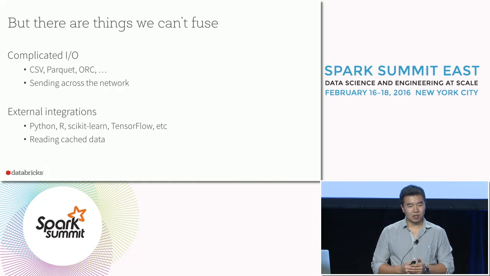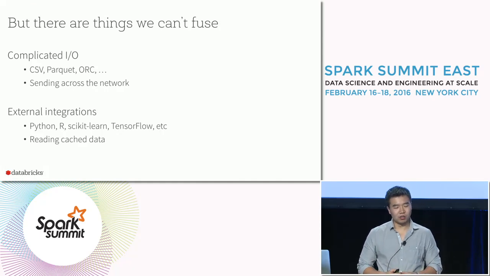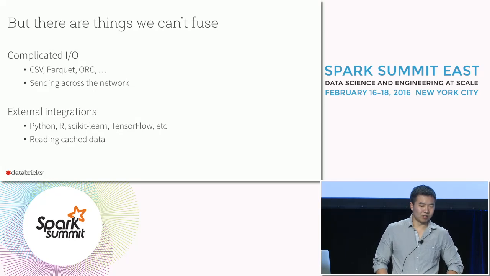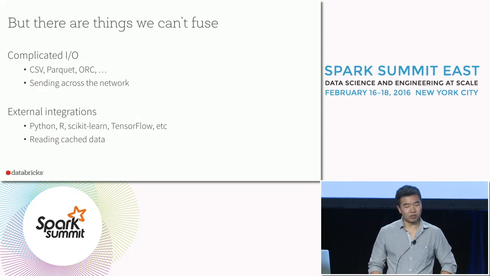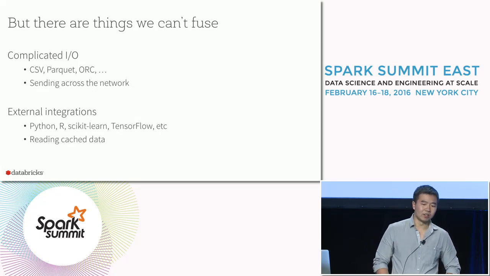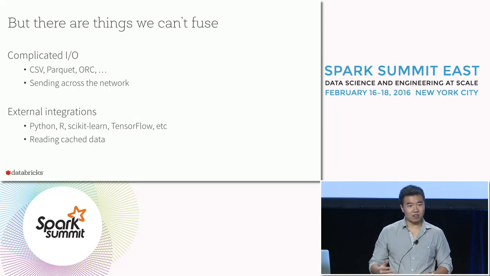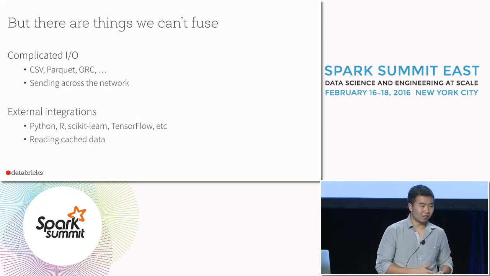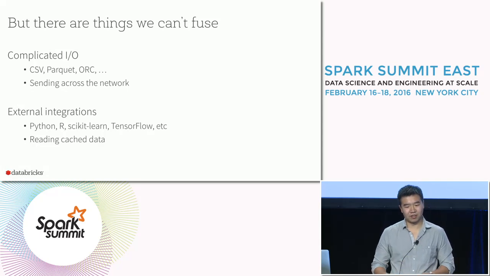But there are many cases where we can't simply fuse the entire computation into one function, and that may be because a component is particularly complicated, for example, parsing CSV or Parquet. We also can't have the pipeline extend across physical machines, right? So we can't do the computation across the network.